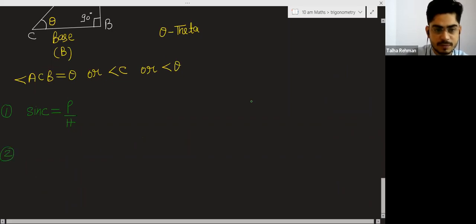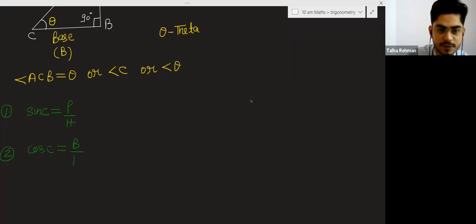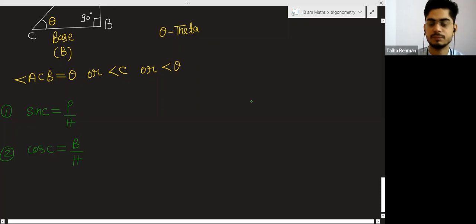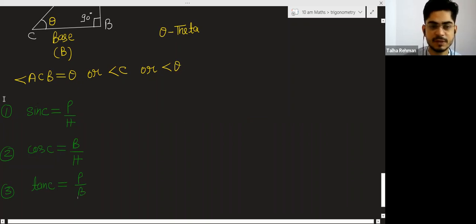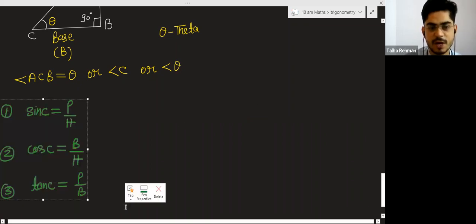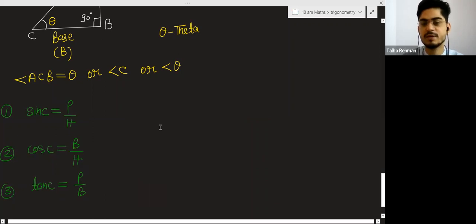Another is cos C. If you want to calculate, then you will write base divided by hypotenuse. Number third, if you want to write tan C, then you will write perpendicular divided by base. These three are must. You have to remember. Others we can generate with the help of this.